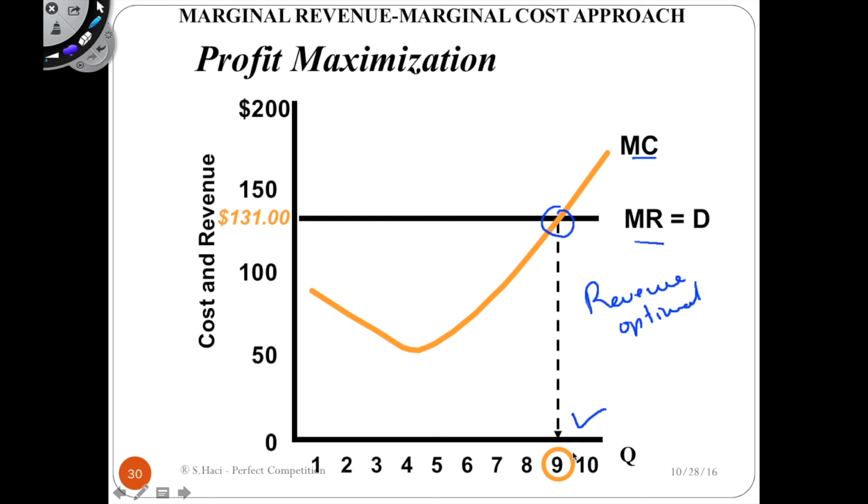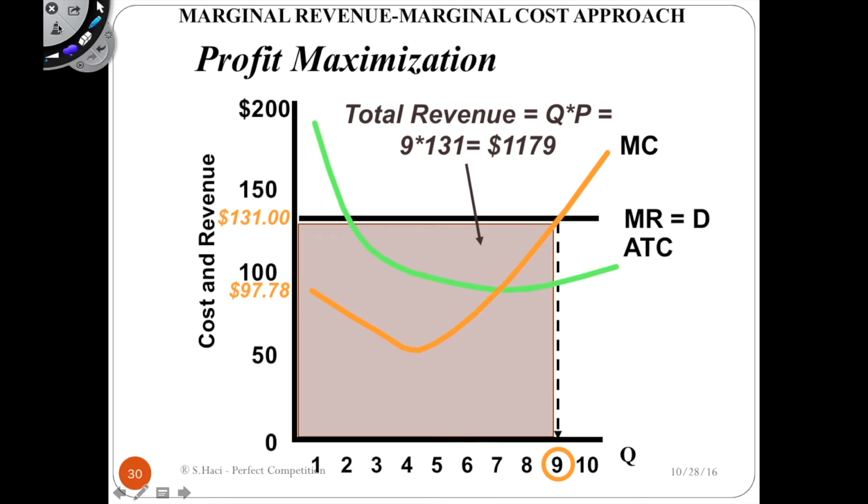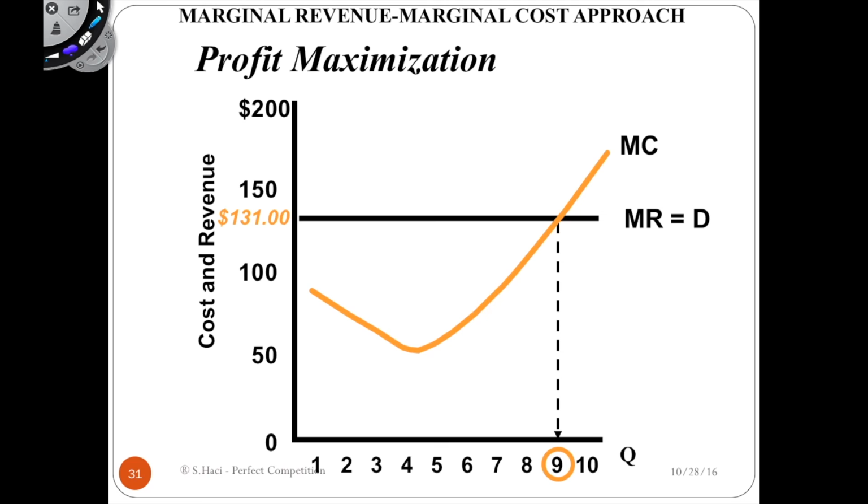Well, it is selling 9 units at $131, so this whole block here, that is your revenue. Total revenue is always calculated by multiplying quantity and price. 9 units times $131, $1,179. That's your revenue.